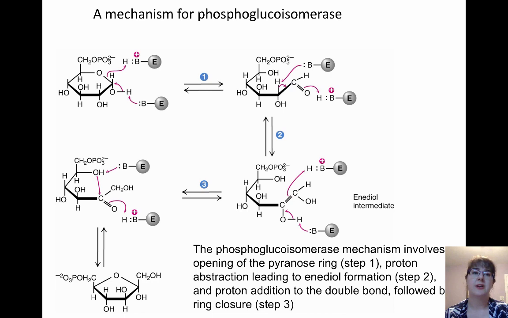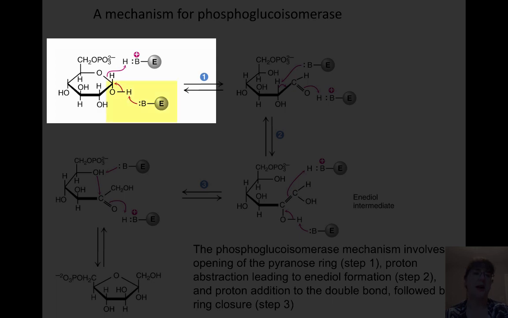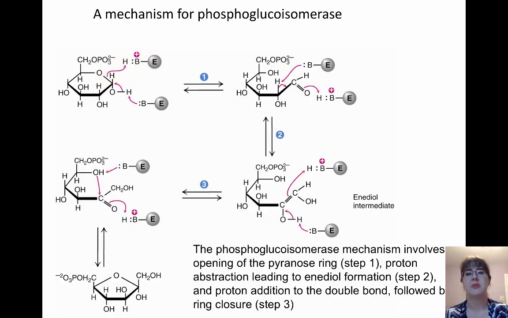So what we have is we're actually going to have a fair amount of acid-base chemistry happening. So what's happening is that the enzyme is abstracting a proton, which then is going to help with the ring opening. So in this first step, you basically have a ring opening mechanism done with some acid-base chemistry.